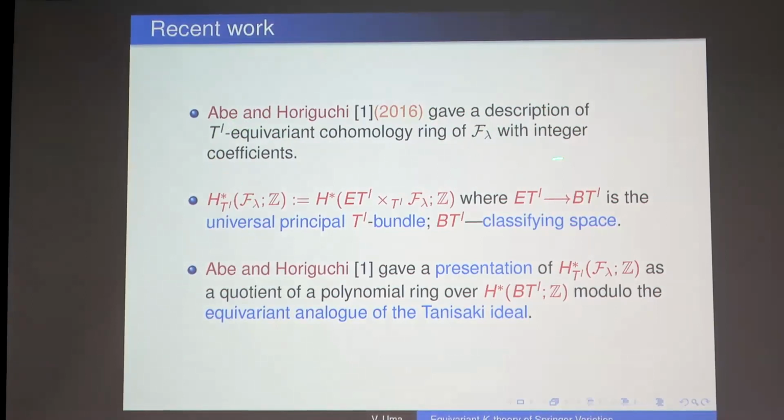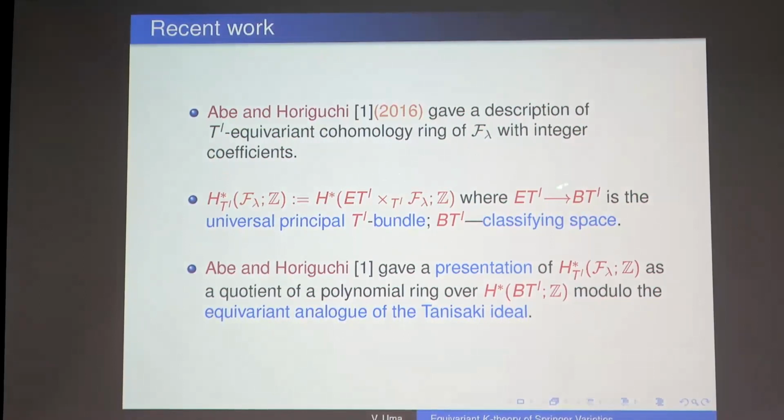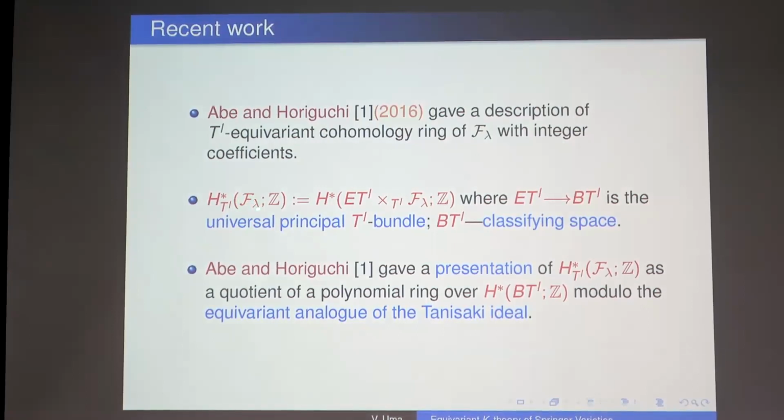So they gave a presentation for the TL-equivariant cohomology ring of the Springer variety, which we know is described more generally using this associated construction, the cohomology ring with integer coefficients, where this is the classifying space of the principal bundle. So this is known as the TL-equivariant cohomology ring of the Springer variety.